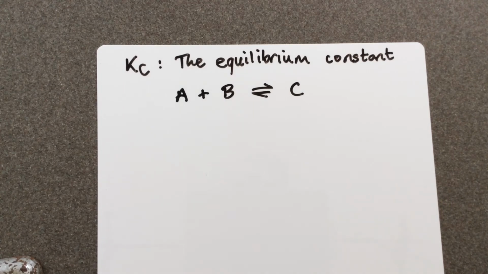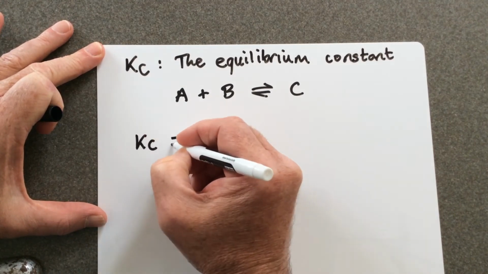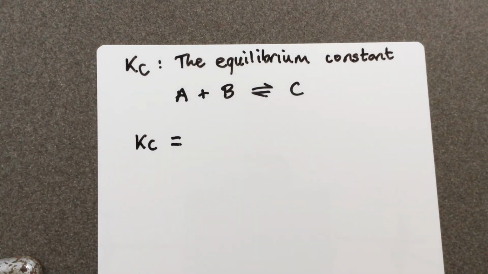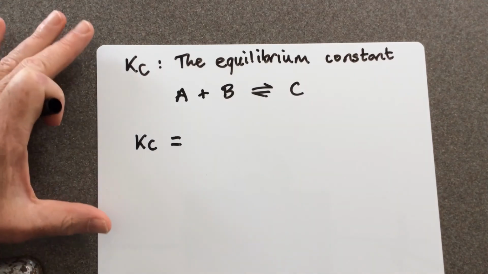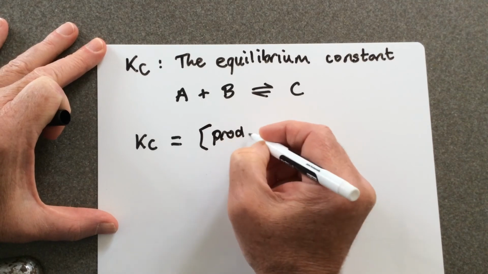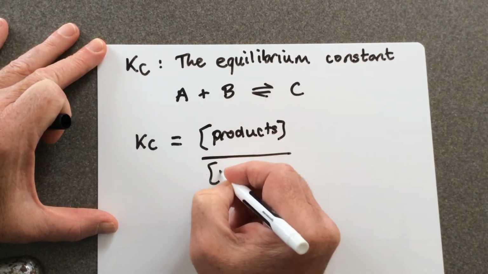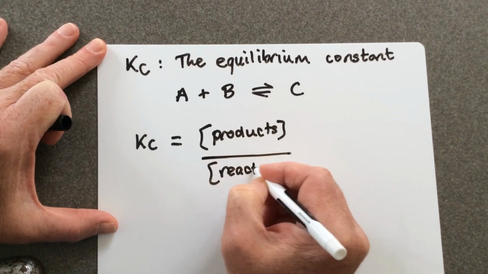What we're saying for Kc, the equilibrium constant, the Kc is a ratio. It's a ratio telling me about the concentration of products to the concentration of reactants.